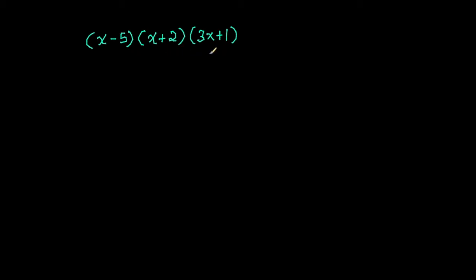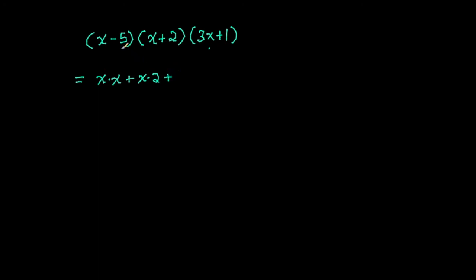We'll just ignore the 3x plus 1 for now. So this is just x minus 5 times x plus 2, right? Let's just multiply this out. So ignoring the 3x plus 1 for now, we have x times x, and then we add to that x times 2.